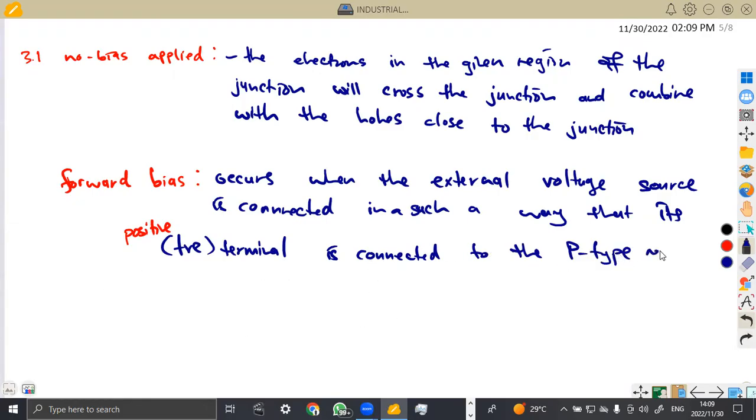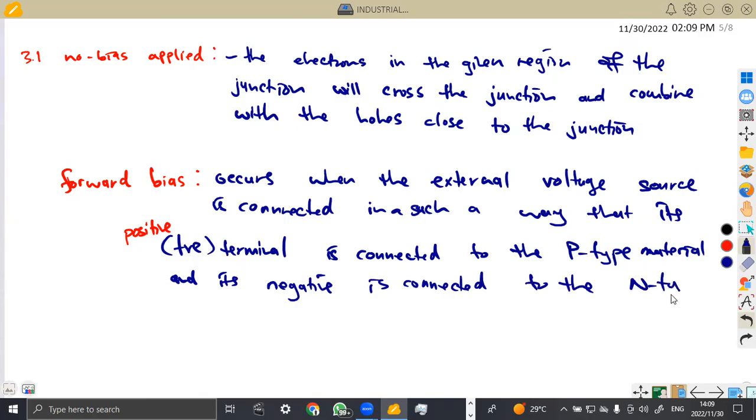So the positive is connected on the p-type material, and its negative is connected to the n-type material. That one is a forward bias. If you can have this, you can actually have 4 marks.